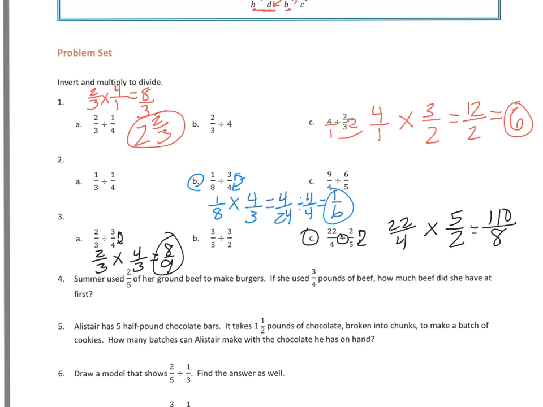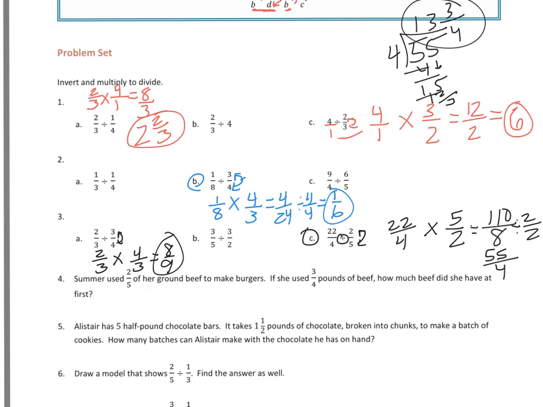That can be simplified down to 55 over 4. And then if I wanted to, I could then divide this out. And I will, just because I don't know if you have to put them back into mixed numbers or not. And it'll be 13 3/4.